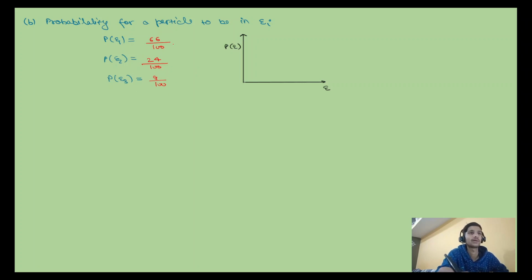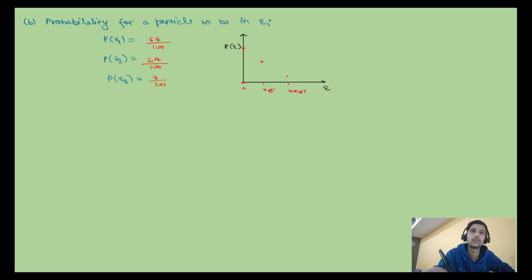Let's try to plot these probabilities as a function of energy. So here you have 0 energy, then kBT, and then 2 kBT. Let's write the 66, the numerator factor only. So 66 will be here somewhere, 24 will be here, and then 9 will be just below this.